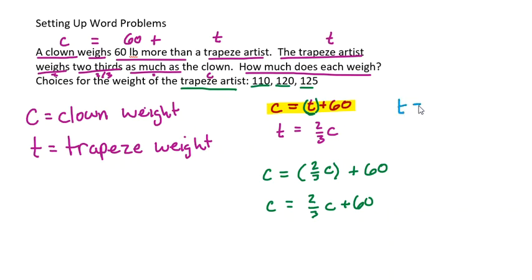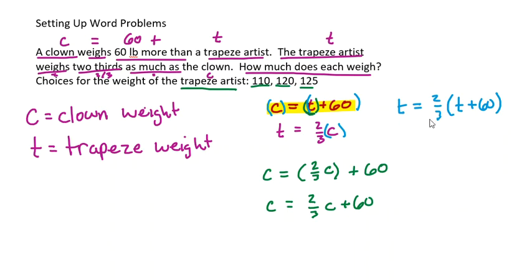T equals 2/3 c, and I'm going to just write a big parenthesis there for c, but I know c equals this whole thing, t plus 60, so I'll write in place of where c was in the second equation, t plus 60.